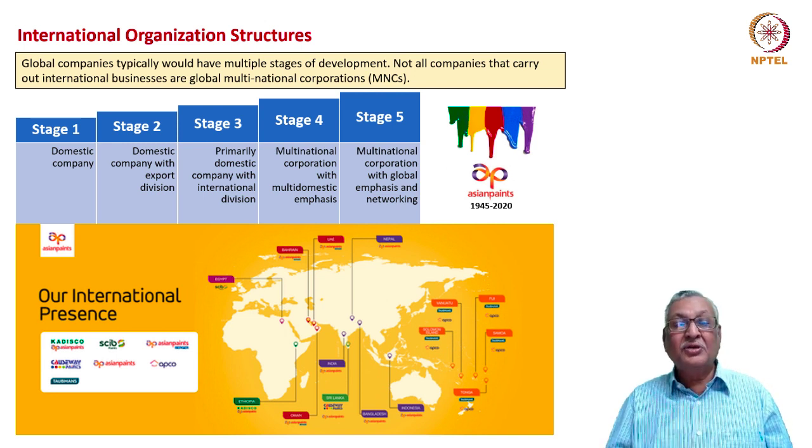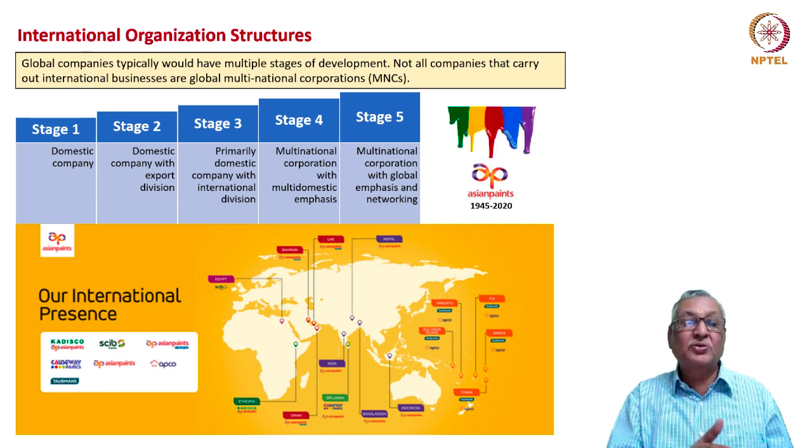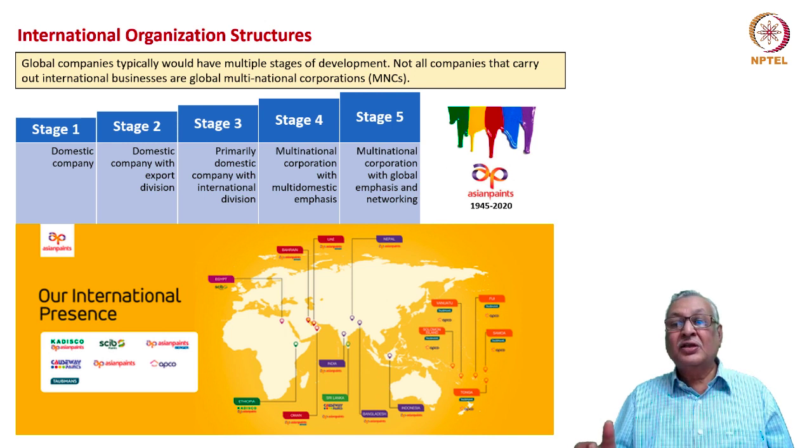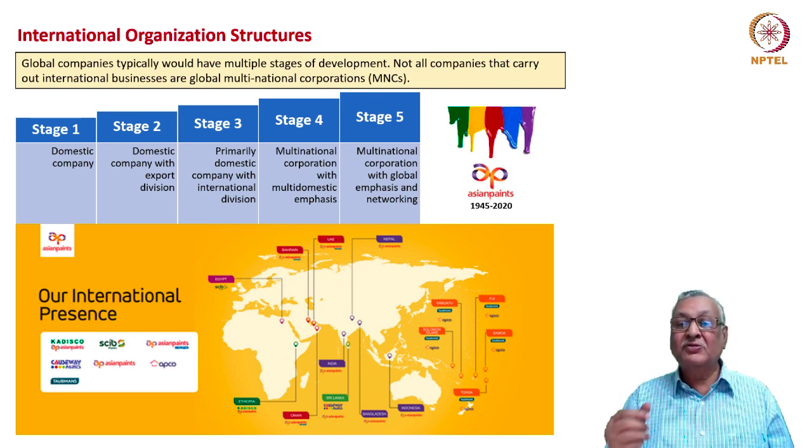Stage 3, primarily domestic company with international division. See the difference between export division and international division as terminology. Stage 4 will be multinational corporation with multi-domestic emphasis. And finally, we have the transnational or truly global company, multinational corporation with global emphasis and networking. And that ensures one international presence across the world.